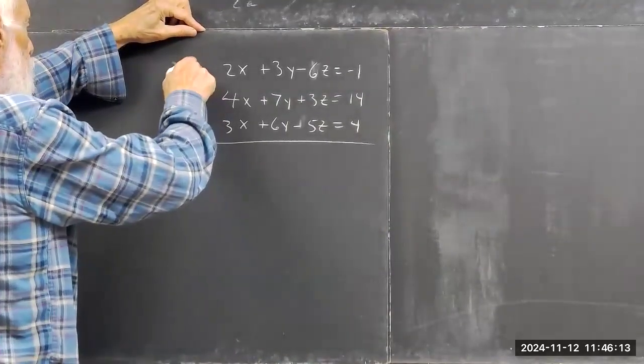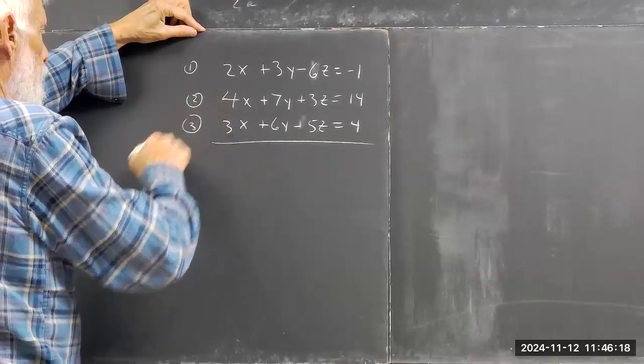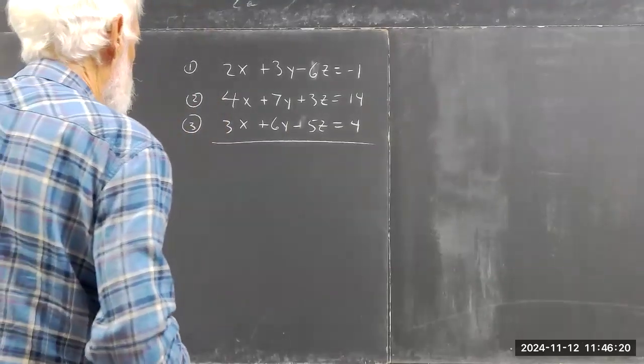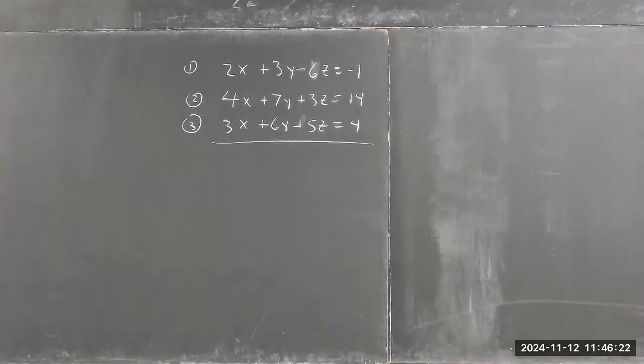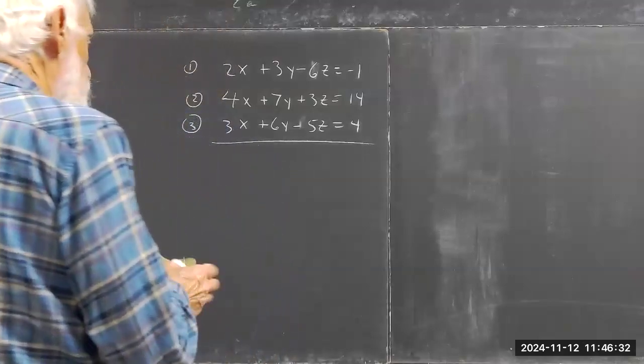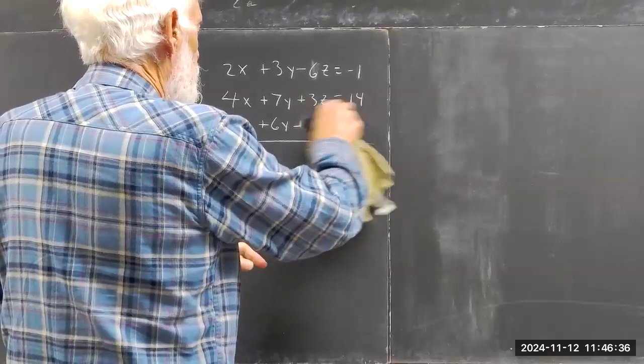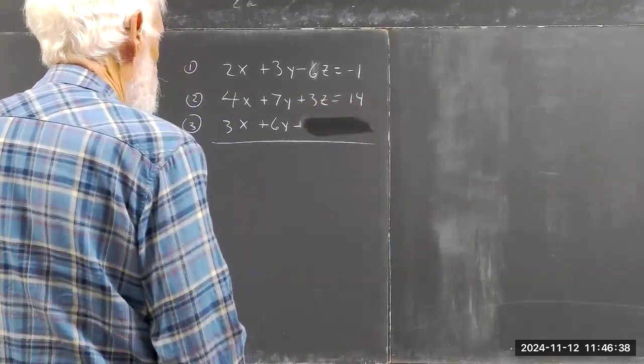Now, this is going to be equation 1, this is going to be equation 2, and this is going to be equation 3. And I want to change a couple of numbers here, and we'll contrive this to have an easy solution.